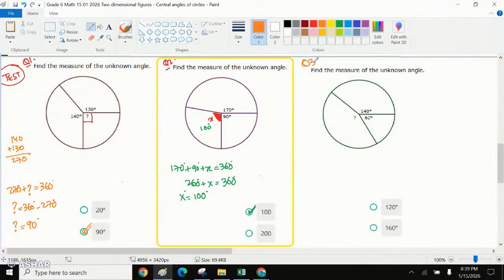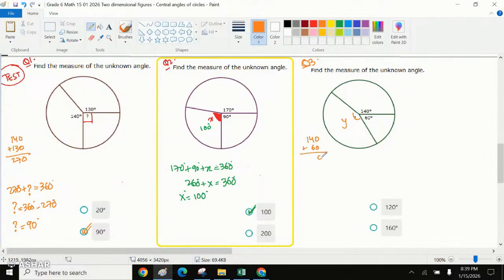Sorry. Or we simply add them and subtract from 360. So the two given angles are 140 and 60.